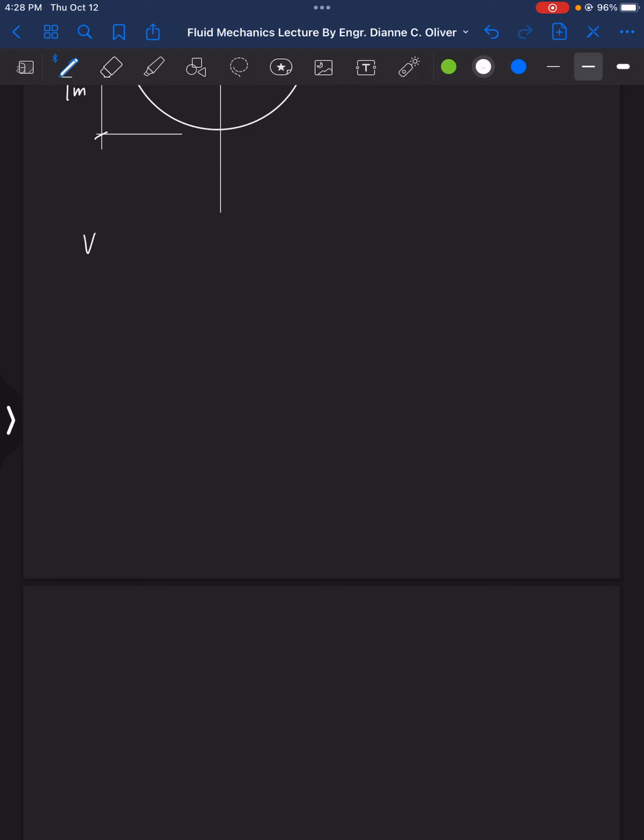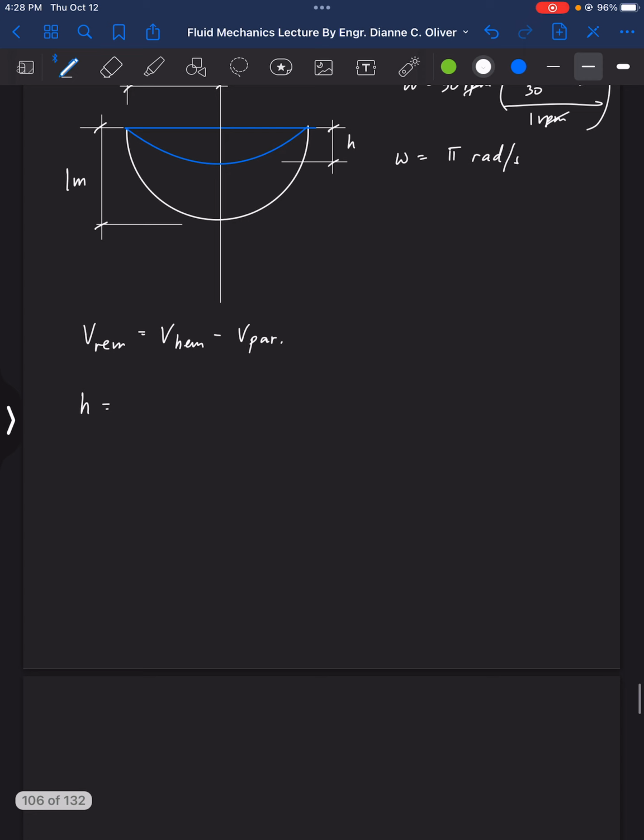So V remained is equal to V of the hemispherical vessel minus V of the paraboloid. Given the formula, H is equal to omega squared R squared over 2g.